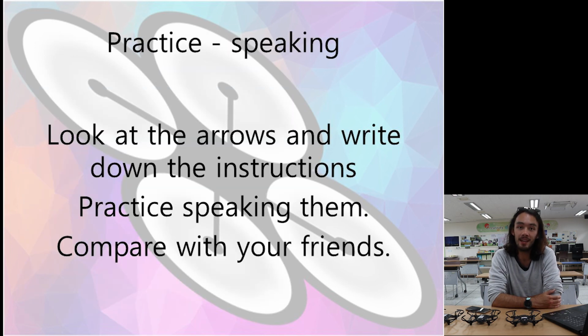And finally, I am going to leave these pictures up for you. I recommend you practice with your family or your friends, preferably your friends in your class. So here is the picture. Now I want you to describe this picture.